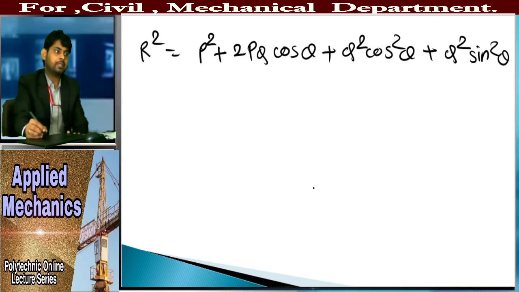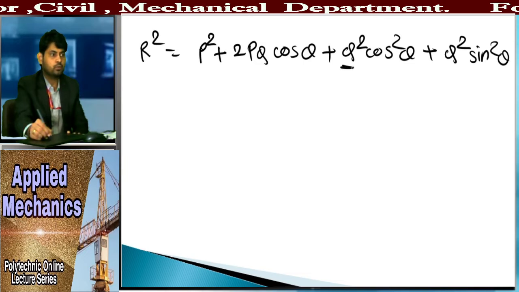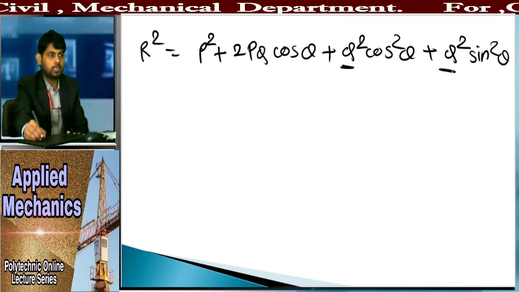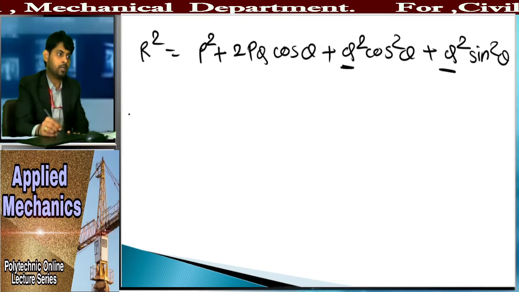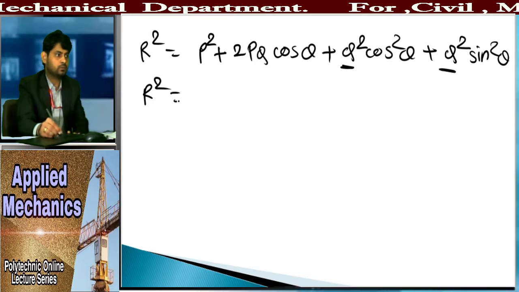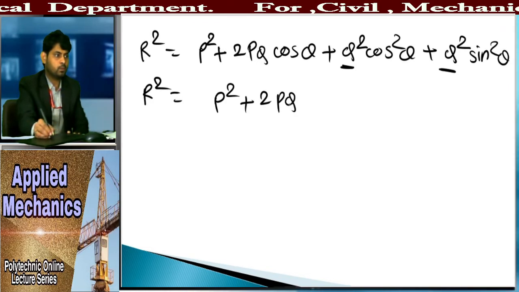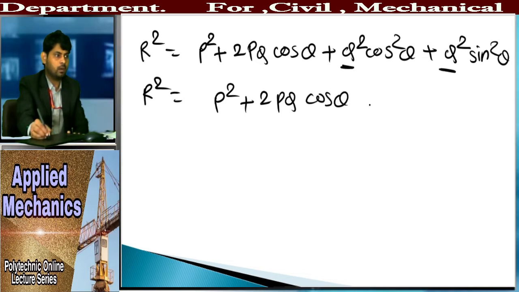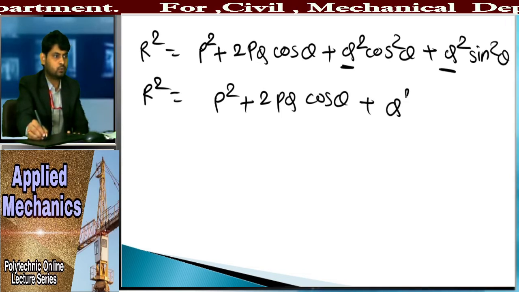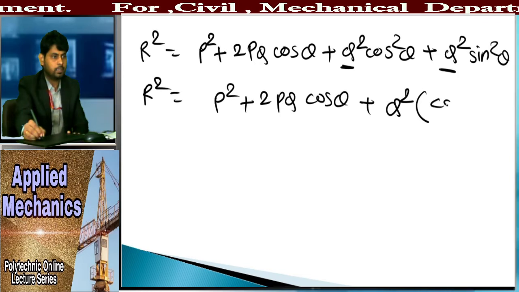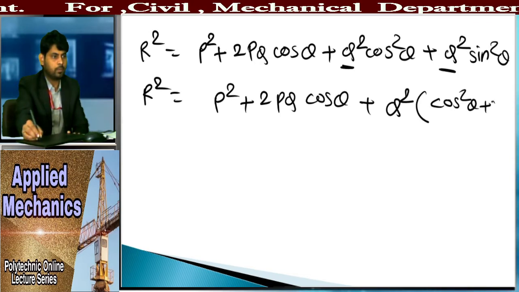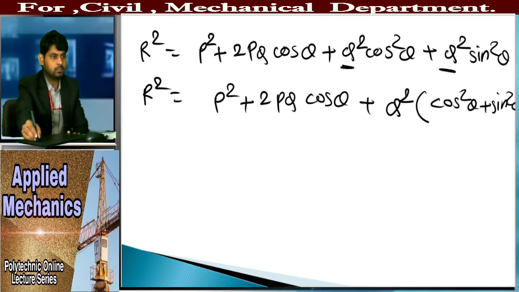Here Q square is common, so R square is equal to P square plus 2PQ cos theta plus Q square times (cos square theta plus sin square theta).